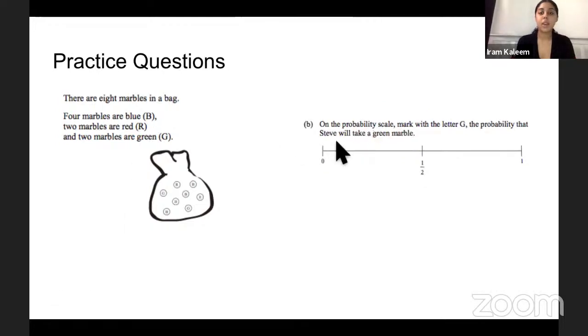Okay. Similarly, on the probability scale, mark with the letter G the probability that Steve will take a green marble. So I'd like you to work out the probability that Steve picks a green marble and then think about where it will go on the scale.